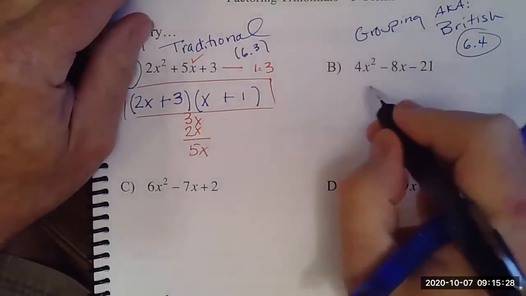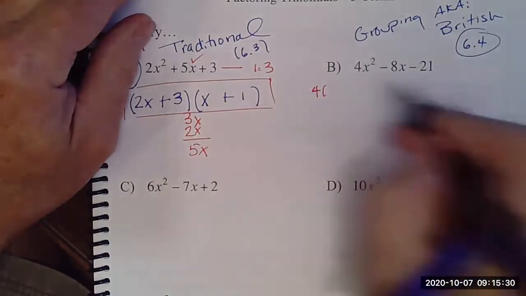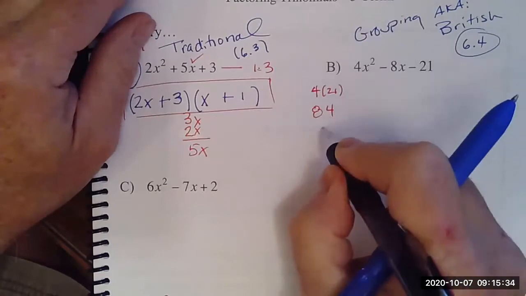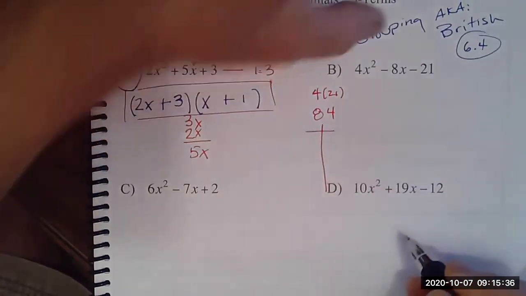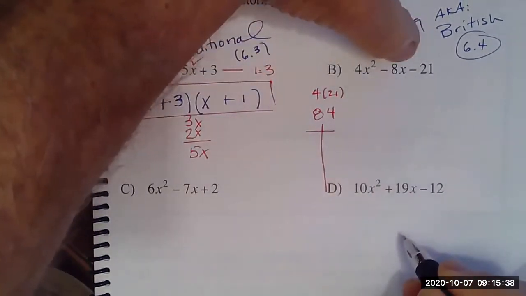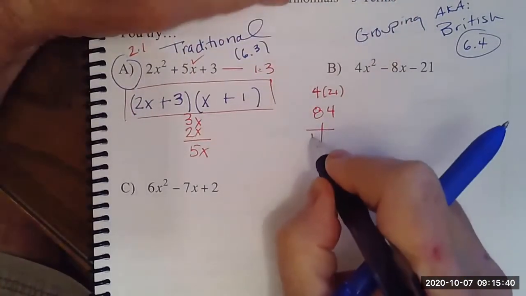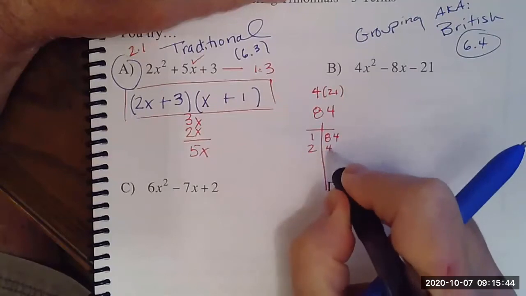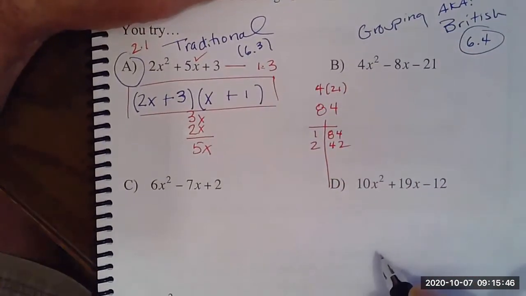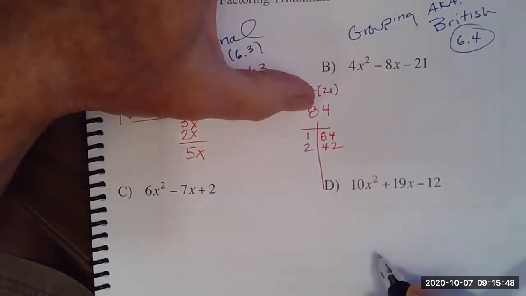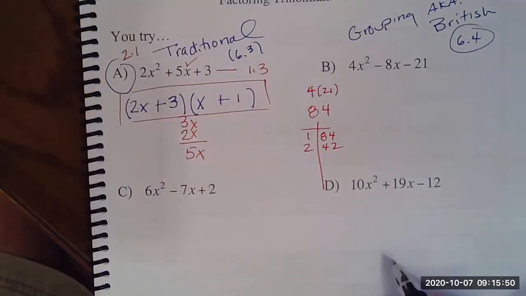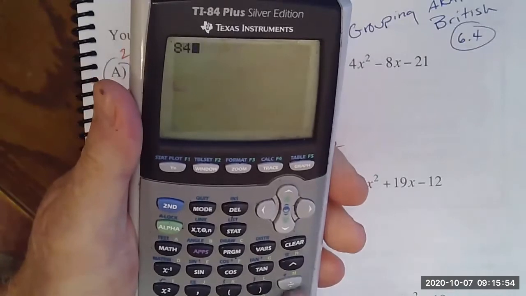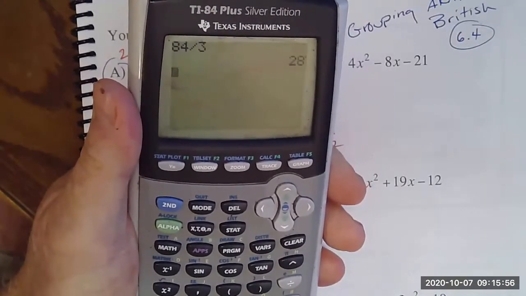But this one here, if I went 4 times 21, that's what, 84? And bust this up. So now I'm trying to get pairs that give me 8. I'm trying to get pairs, 1 and 84. That's not going to be it. 2 and 42, no. Does 3 go into that? Don't know. See, I just take my calculator. 84 divided by 3. Oh, yeah.